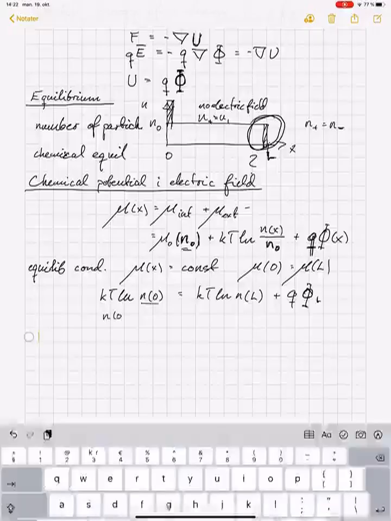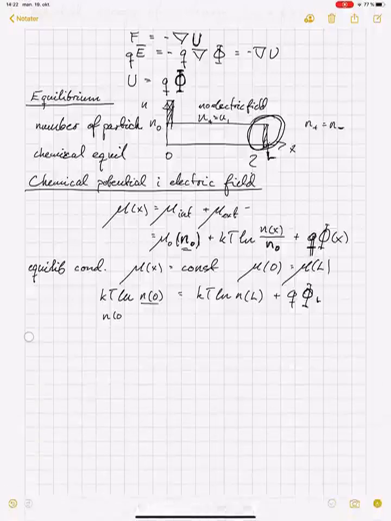We take these ones and divide, and we see that we divide by kT and exponentiate, and then we've got this equals the potential energy over kT.